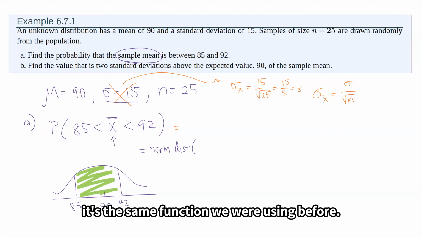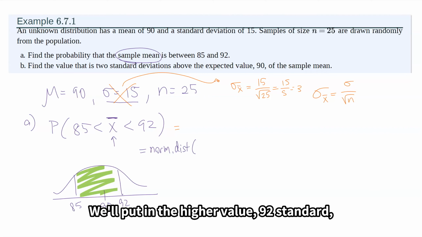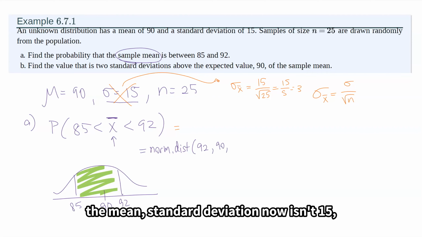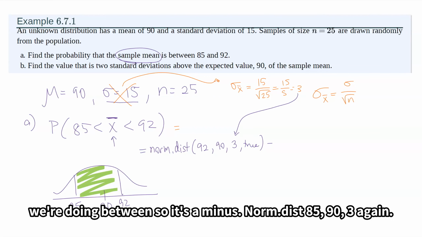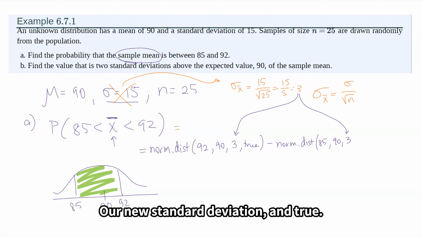norm.dist. It's the same function we were using before. We'll put in the higher value, 92, the mean, and the standard deviation, which now isn't 15, but 3. And input true. We're doing between, so it's a minus. Norm.dist, 85, 90, 3 again, our new standard deviation, and true.